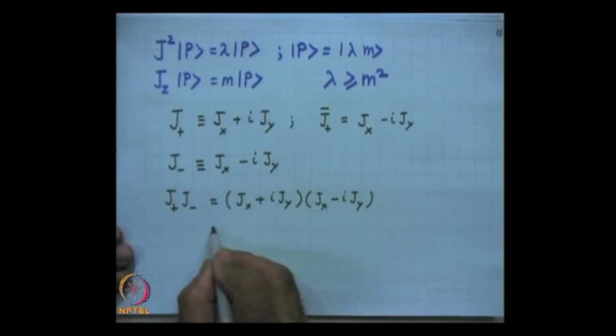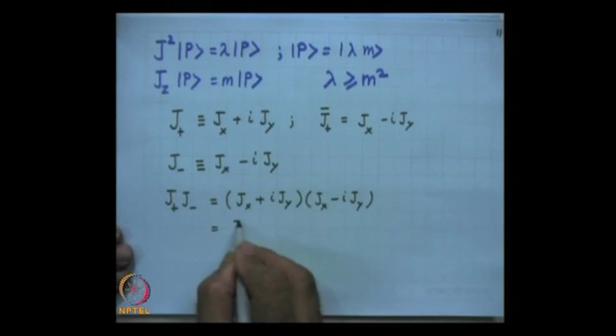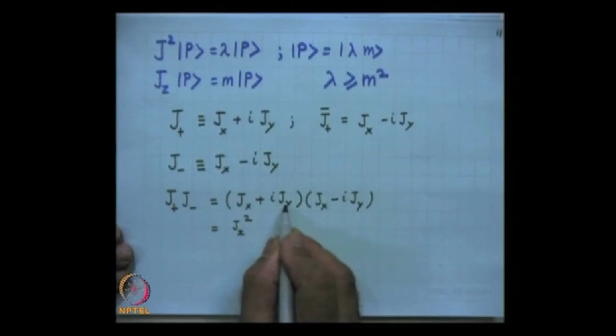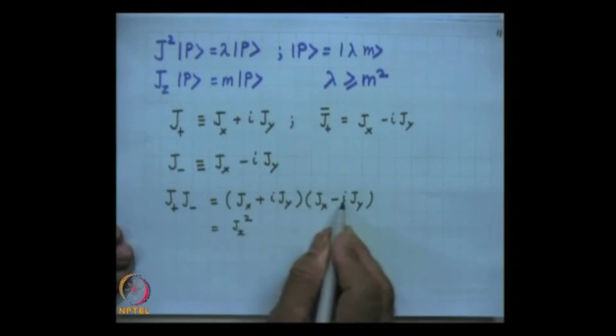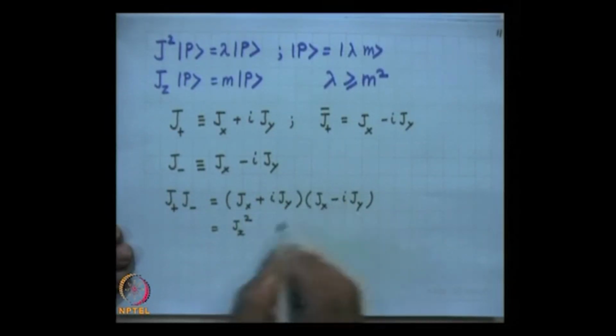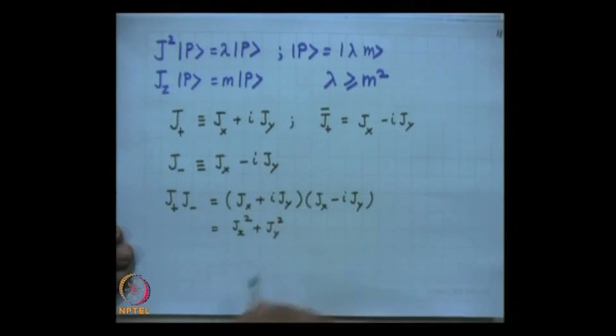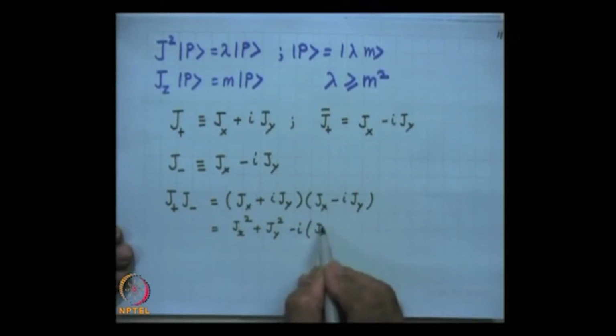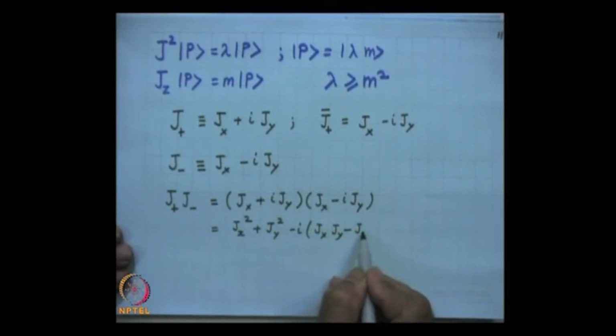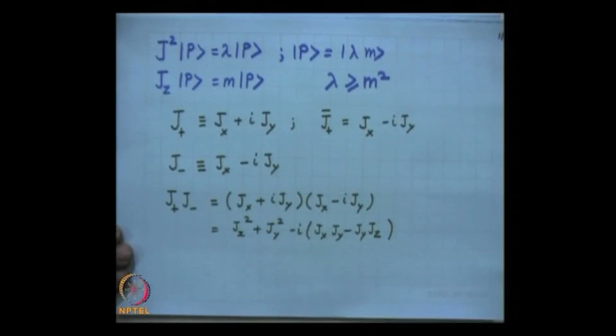So, this will be j x into j x, which is j x square, then j i times i is minus 1, minus minus plus j y square, and then minus i if I take outside, it will be j x j y minus j y j x, because the operators do not commute.